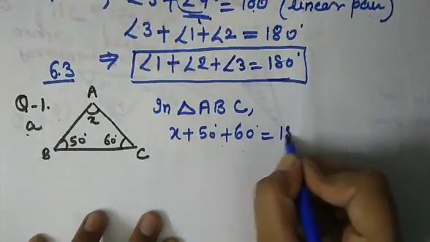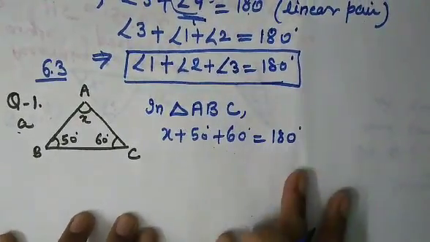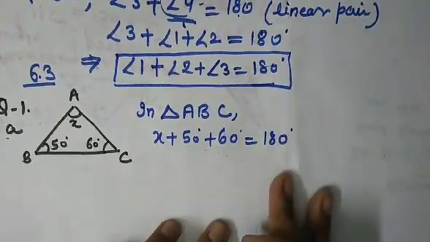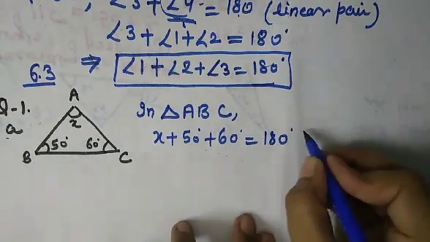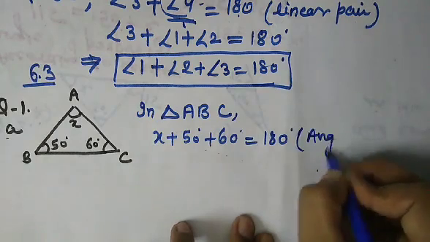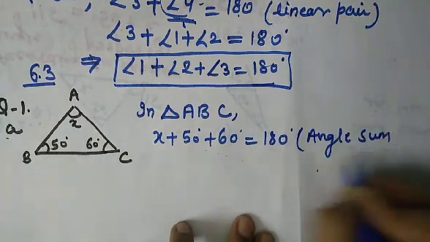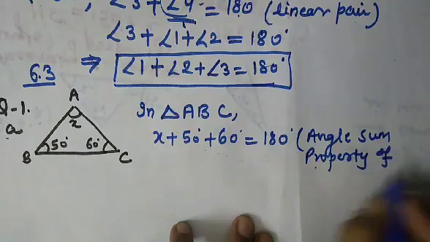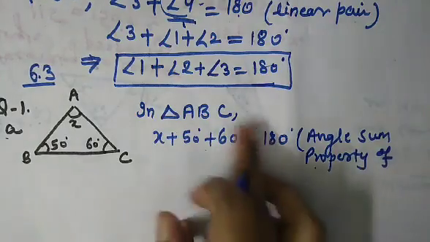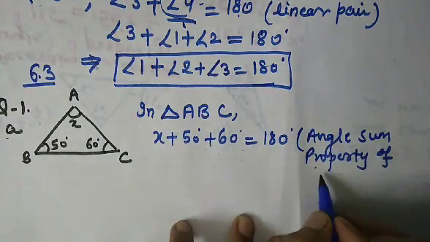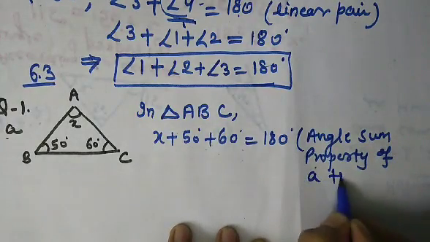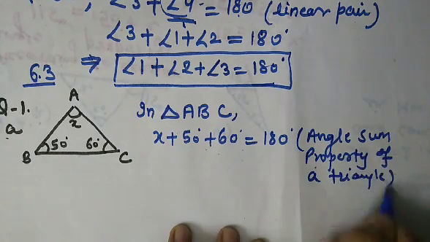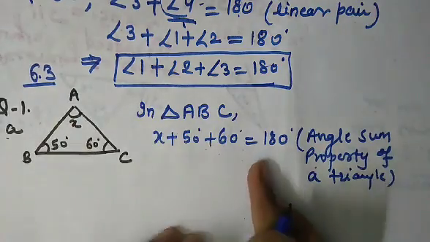And how is it 180? Because we have applied the angle sum property of a triangle. This reason you have to write. Okay, the reason you always have to mention wherever you are applying this rule. So, angle sum property of a triangle, that's why I have written that the sum of these 3 angles is 180.